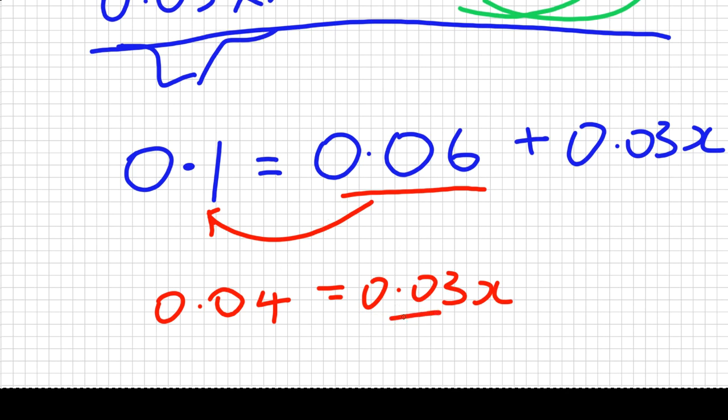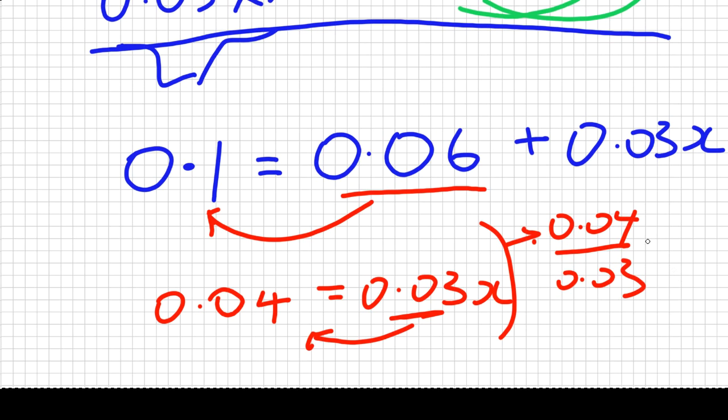Then what I do is I move this 0.03 over, and this goes to 0.04 divided by 0.03 equals x, and then 0.04 divided by 0.03 is 1 1/3, equaling x.